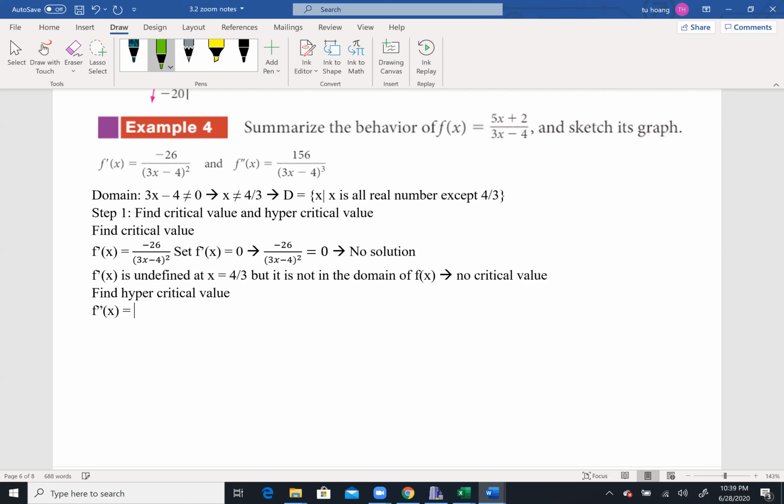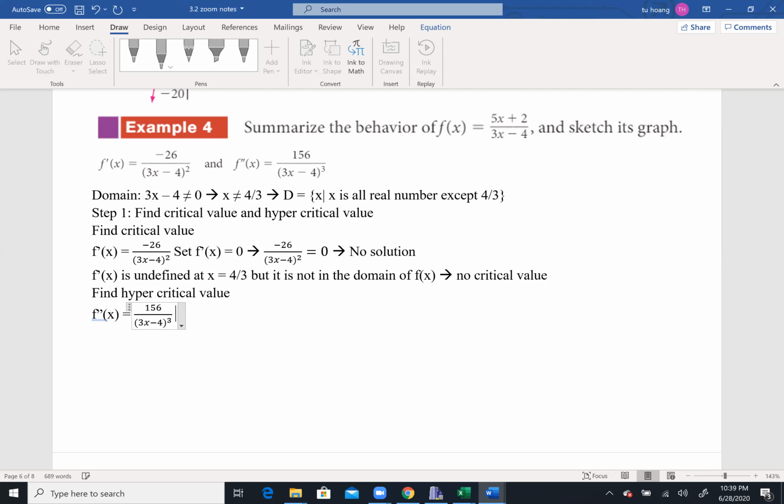Okay. Which will be equal to this now. I have 156 equal to 3x minus 4 over 3. Again, you can still do it by using the quotient rule.